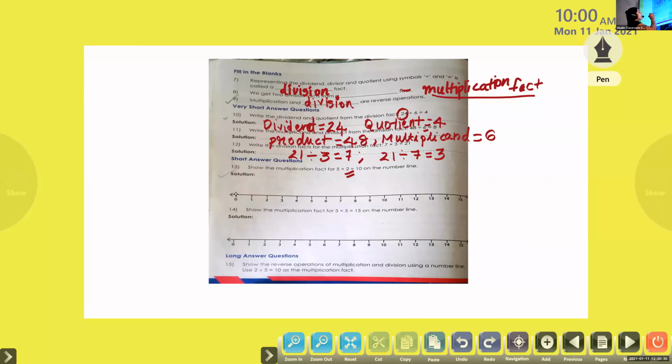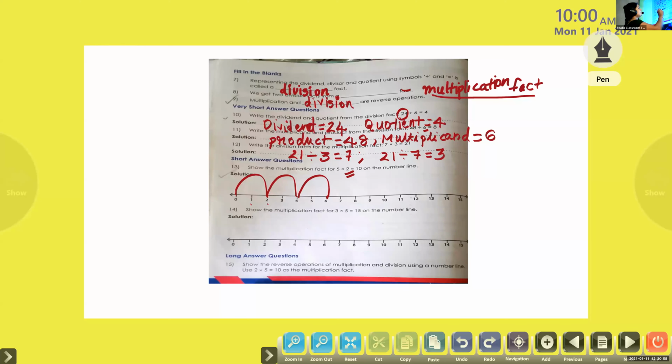Which is the second number? 1, 2. Next, to which number will we reach? Azad? 4. Next? 6. Next? 8.